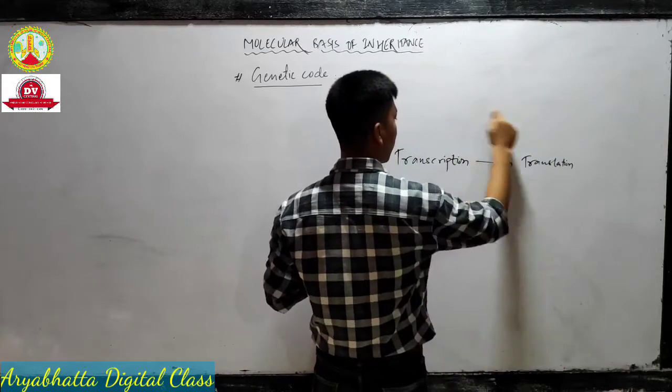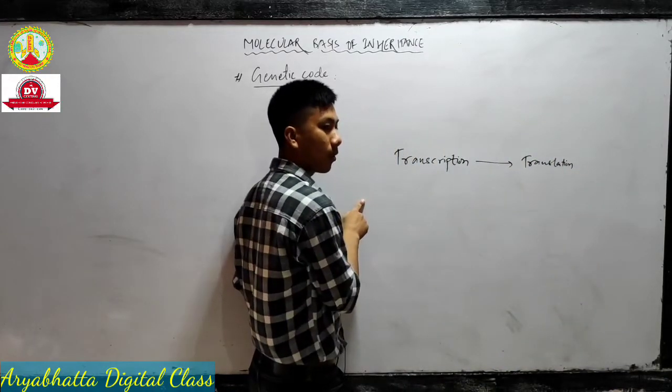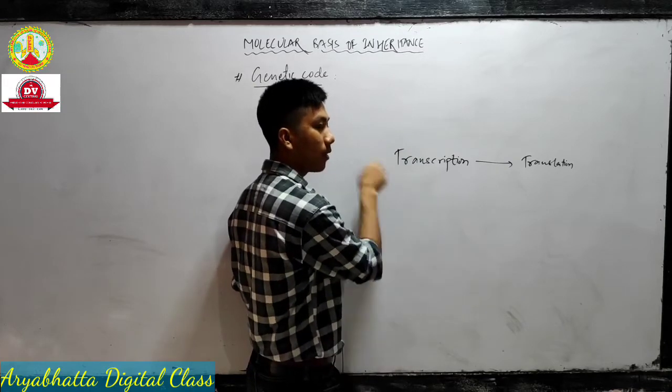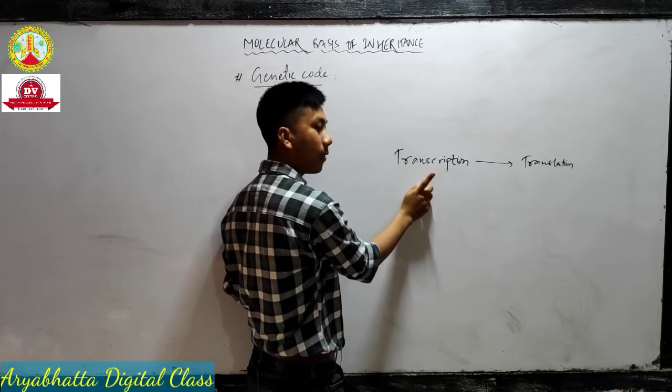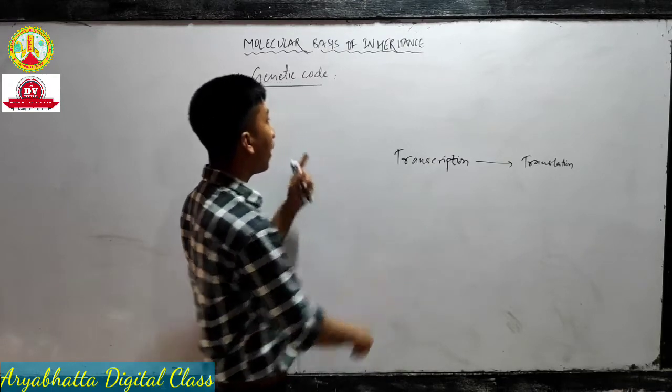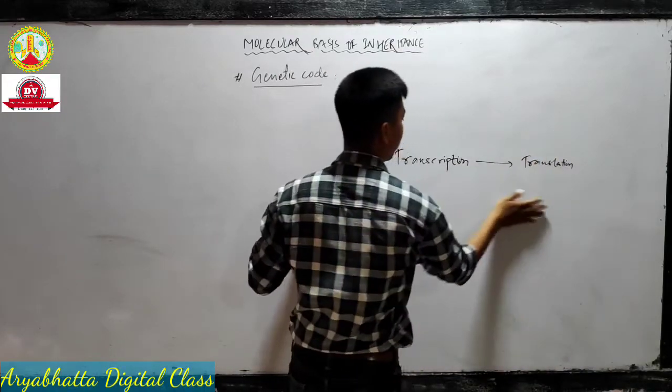This complete process is known as the central dogma. I could have discussed genetic code after transcription, but you would get confused. So I will first go with the genetic code, then we will discuss it.